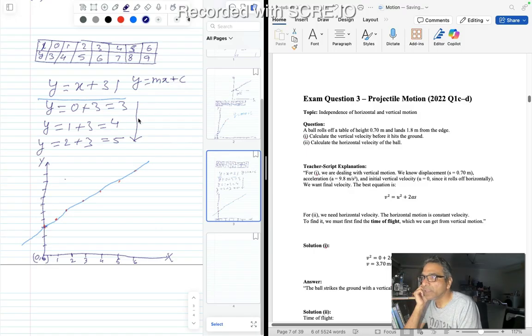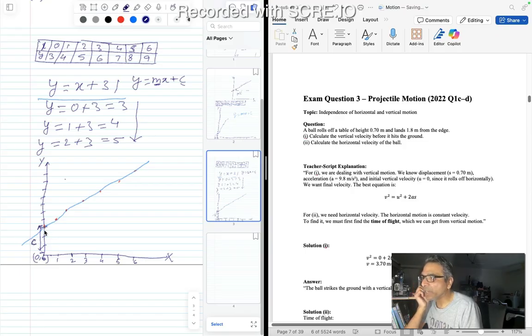So now, what is m and what is c? The c is the length of the y-intercept. So this distance from 0 to the point where it is intersecting the y-axis is the c variable, right?